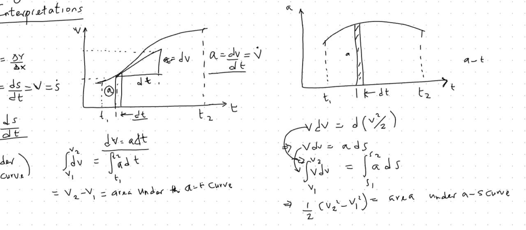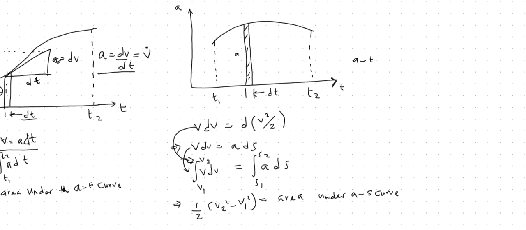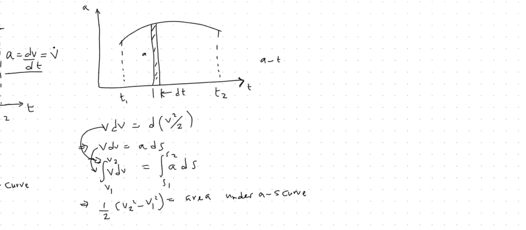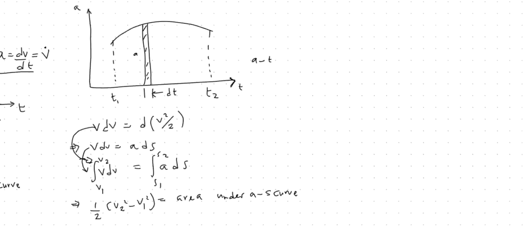Okay, so those are the graphical representations of some of the equations that we have derived under kinematics. It is also possible that we have the AT curve, and it is also possible that we have the AS curve, which is the equation I've derived.